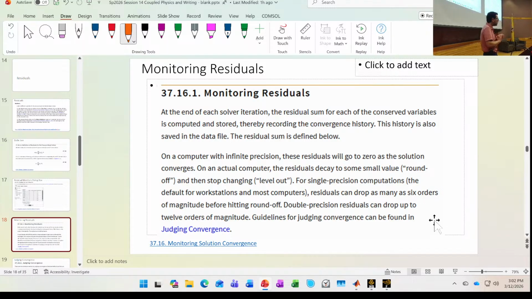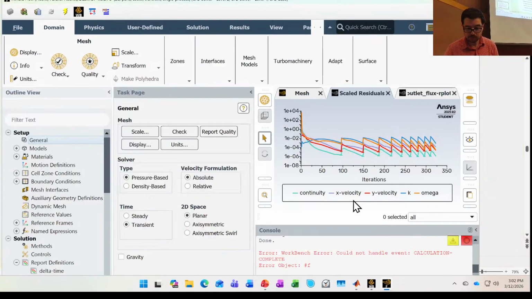So what is changing to make these errors, these residuals, change? What is ANSYS doing as these values are going down?